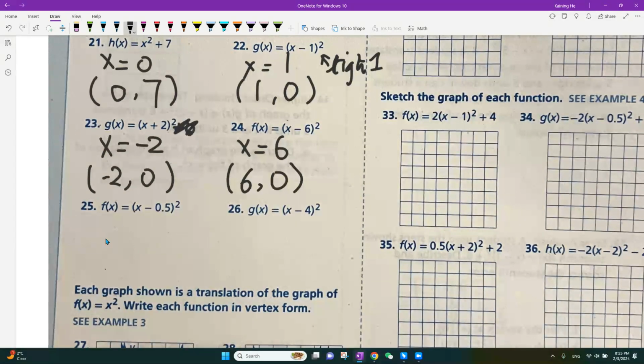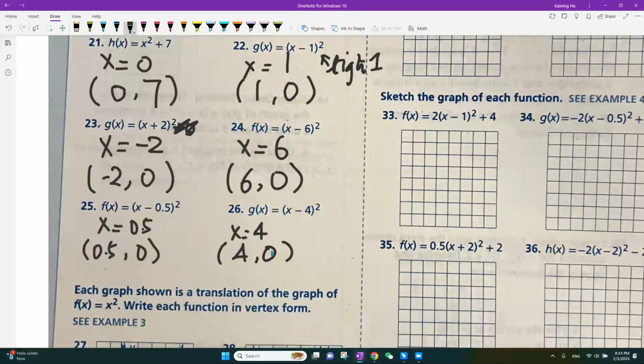Wonderful. Next. X is equal to 0.5. Wonderful. Move on. 0. Wonderful. Next one. X equals 4, and then 4 with 0. Wonderful. Just like that. Amazing.